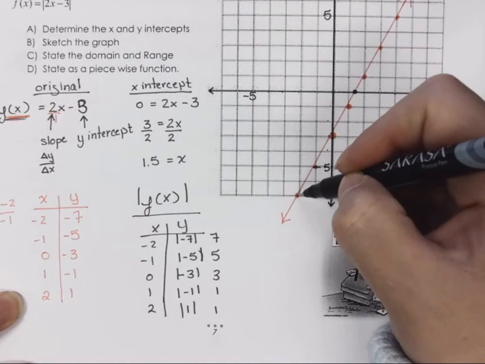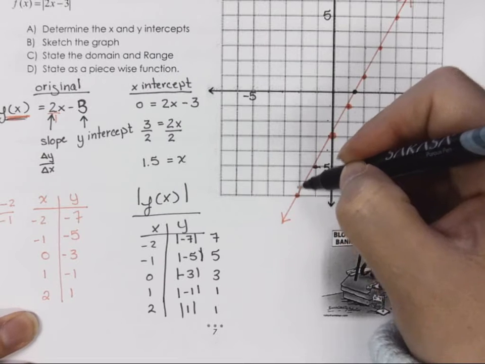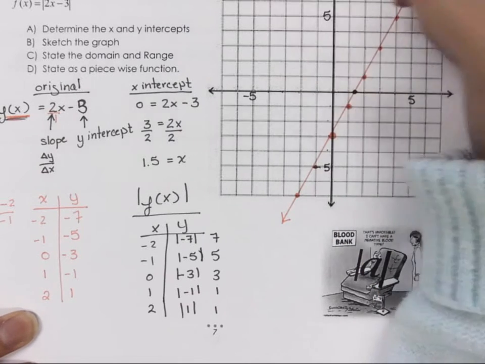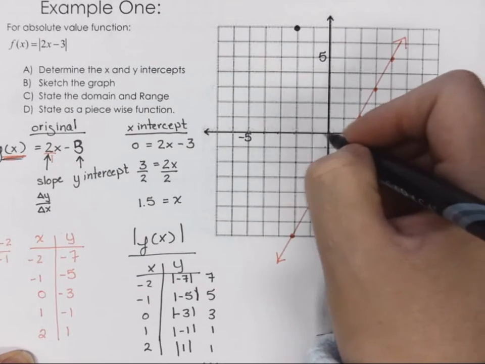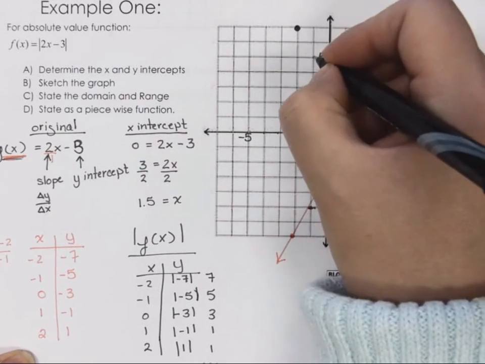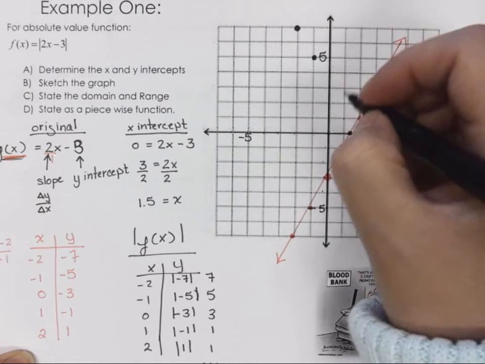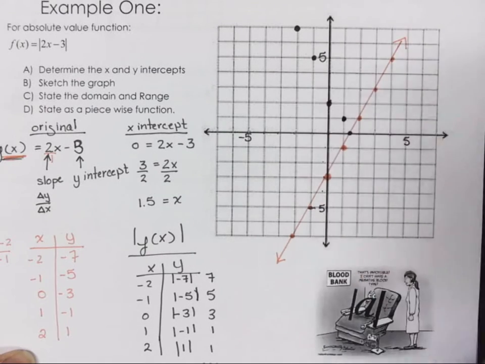So -2 is now 7. Sorry, off the graph there. -1 is 5. So notice that my x values didn't change. It's only my y values that are changing. Do we only ever change the y value?